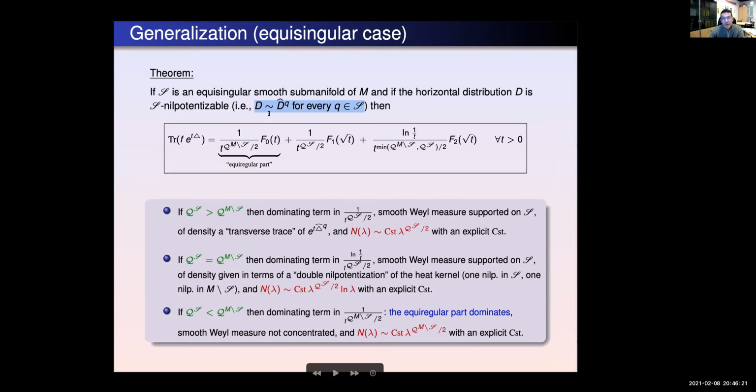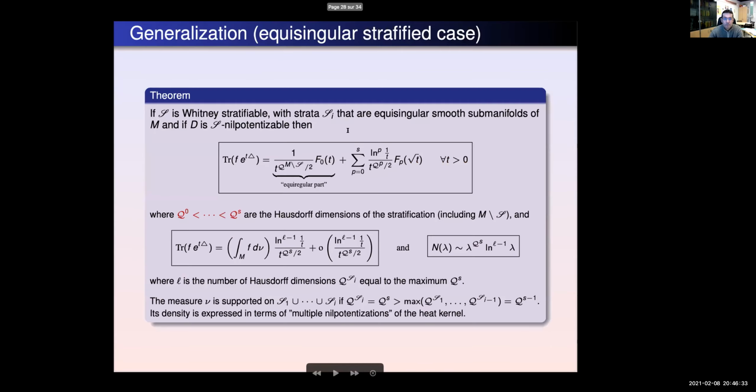So from the point of view of normal forms, it means that there is only one normal form at the point q in some sense.